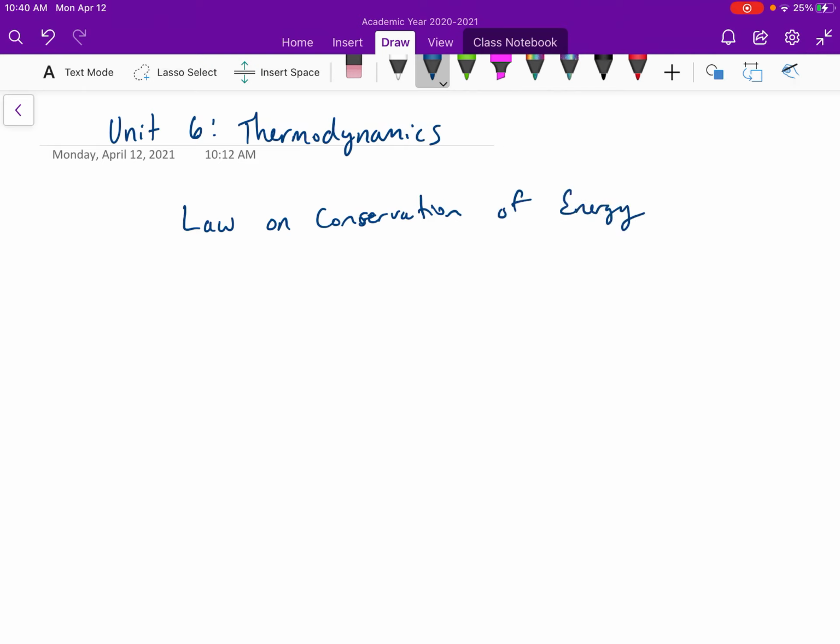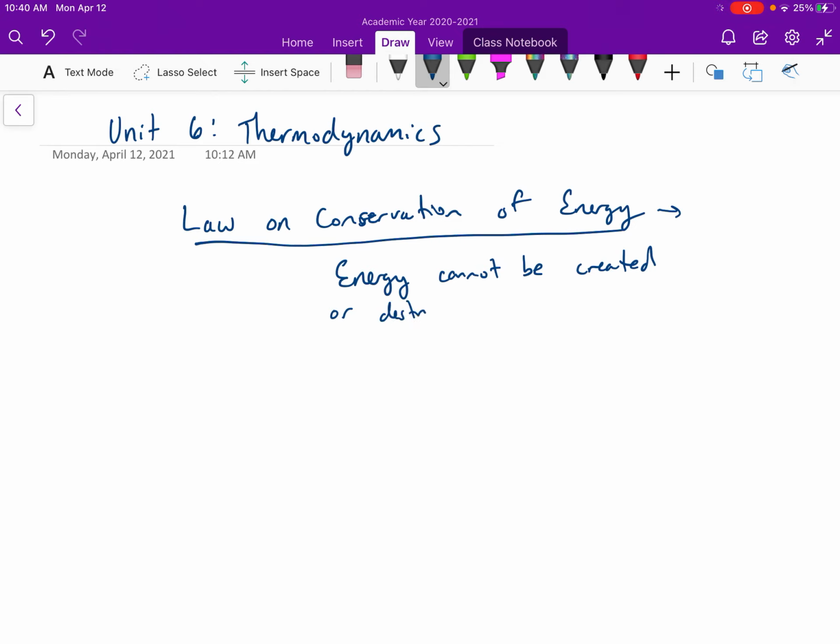And so what this says, basically, is that energy cannot be created or destroyed. It can only change form, or be transferred from one thing to the other.